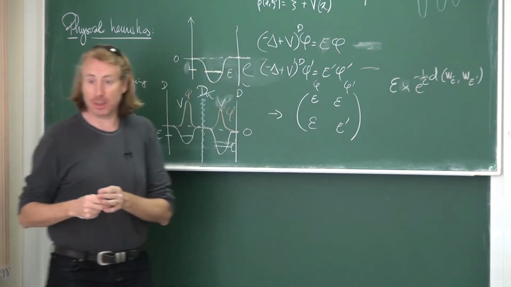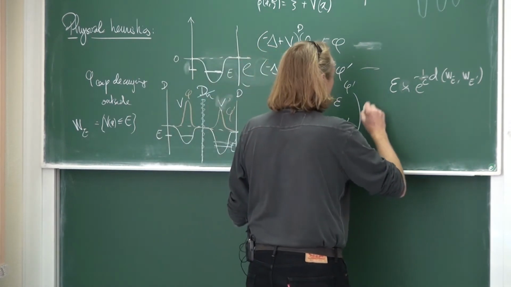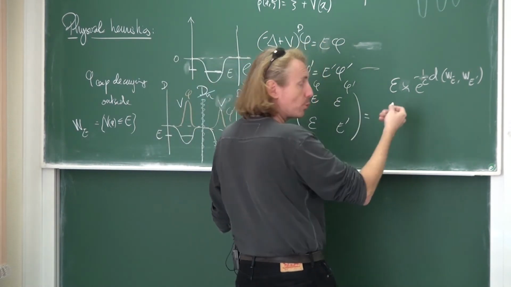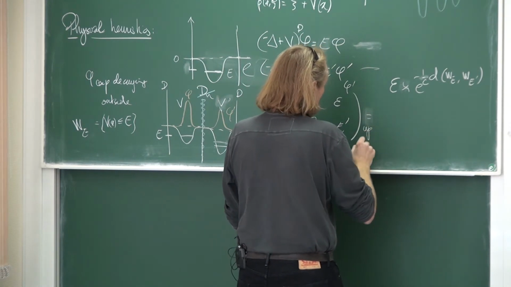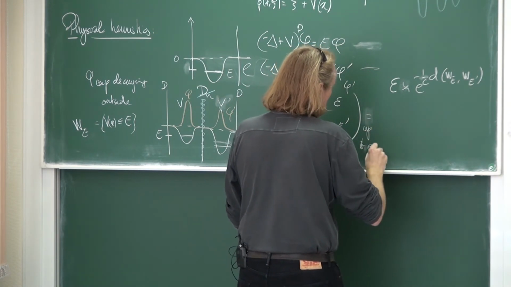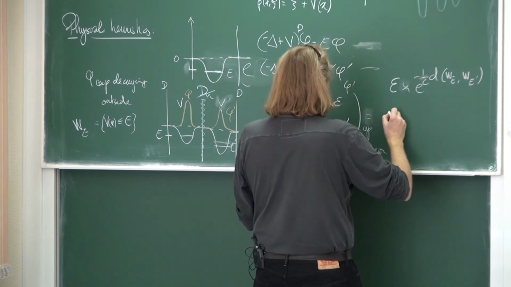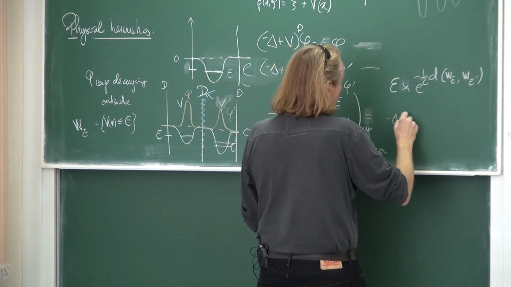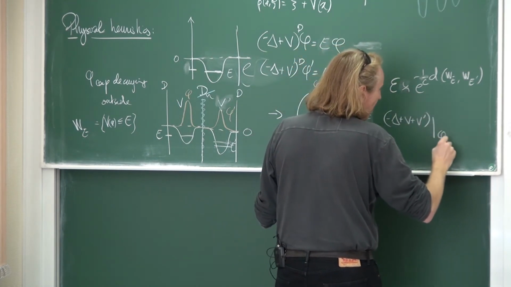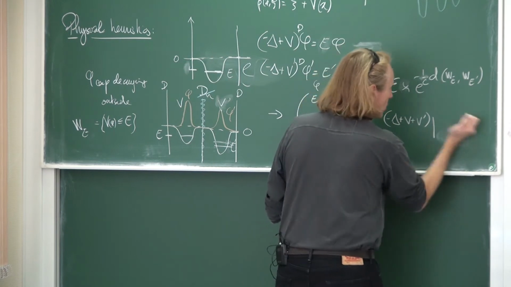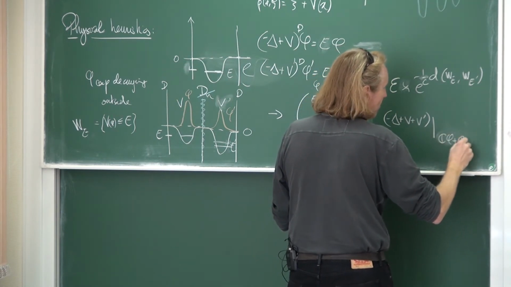You have a symmetric matrix. And so, up to a small error, this is equal to the operator minus Laplacian plus v prime restricted to the span of c phi plus c phi prime.